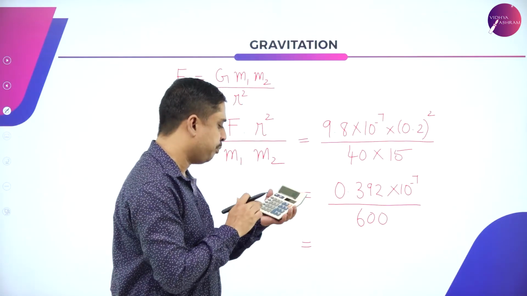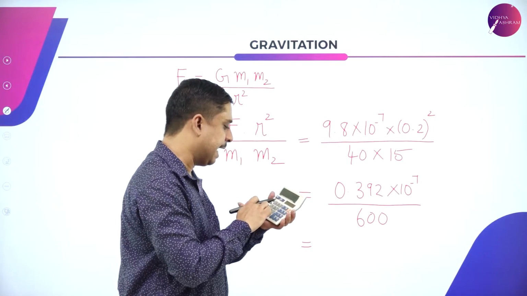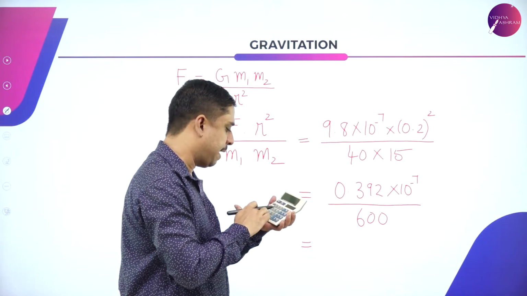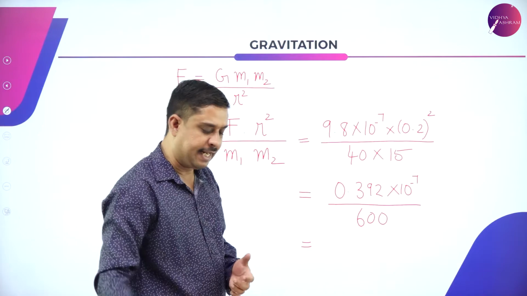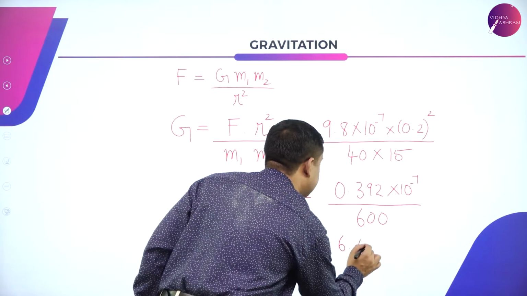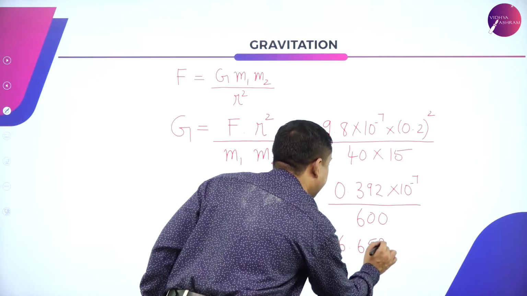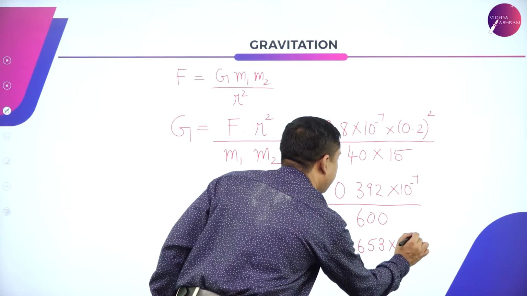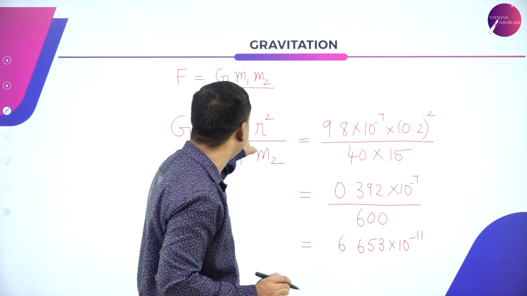So when we simplify 0.392 divided by 600, it is nearly 6.653 into 10 power minus 11.